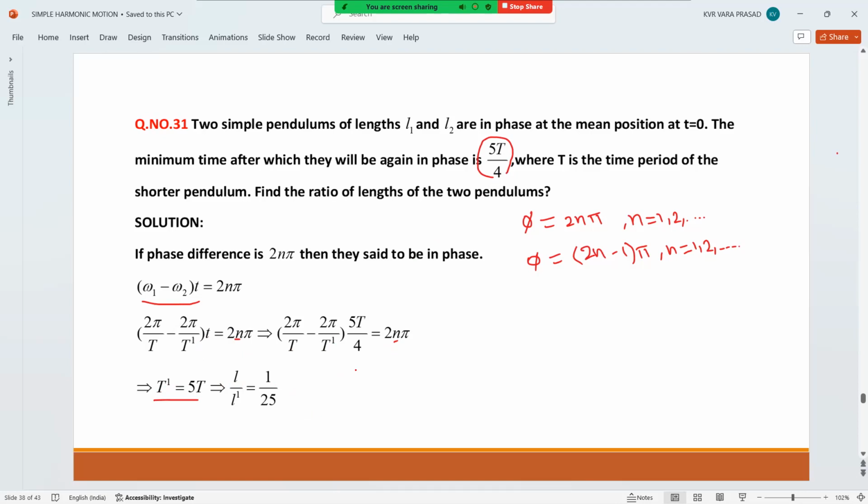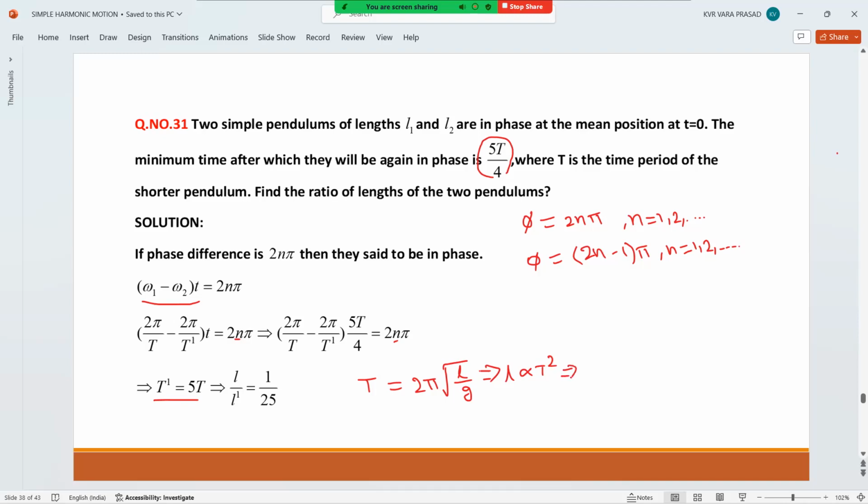And we know that the time period is T equal to 2 pi root of L by g. From this, we can say L is proportional to T square.